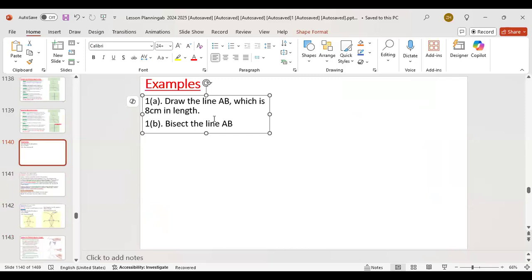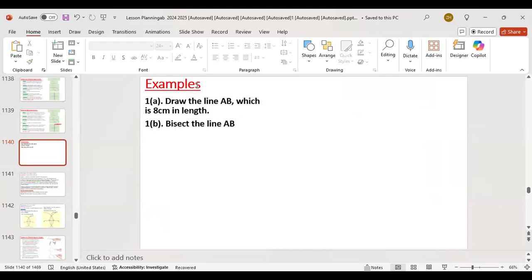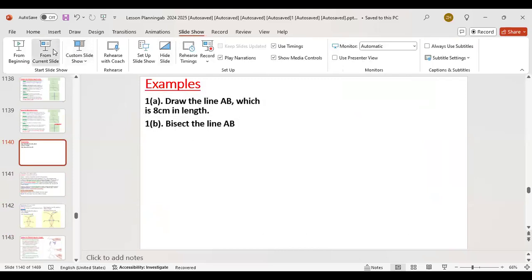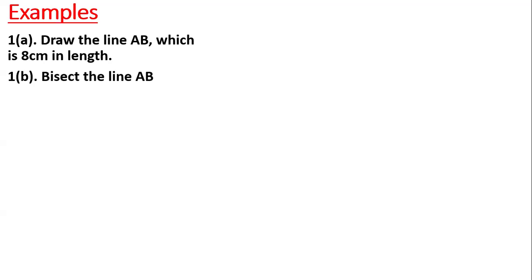That's the first thing we're gonna do. Draw the line that's 8 centimeters in length. And then we're gonna bisect that line AB. So if the line is 8 centimeters in length, when we bisect it, what should each half have? 4 centimeters. Very good. 4 centimeters. So let's go ahead and do that.